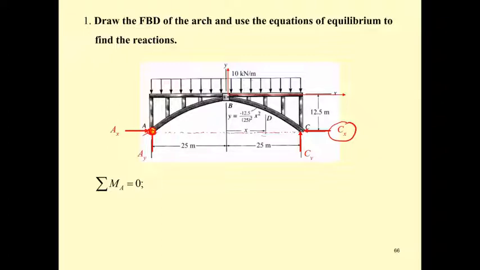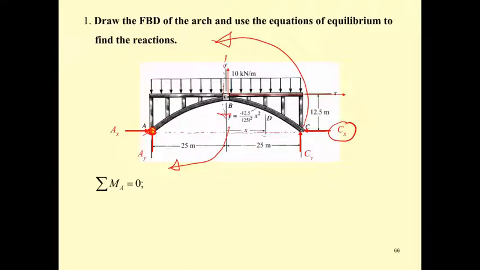C sub y is going to rotate in this direction, and you also have the resultant force here is going to move in the opposite direction, so the balance of the moment will occur.